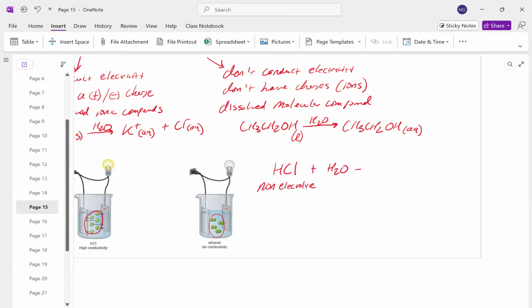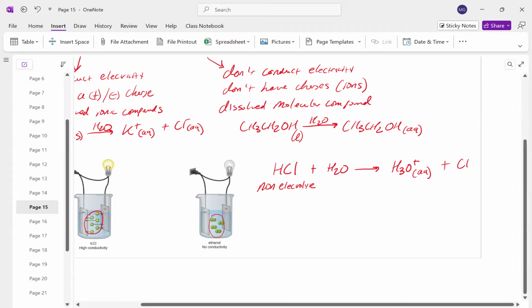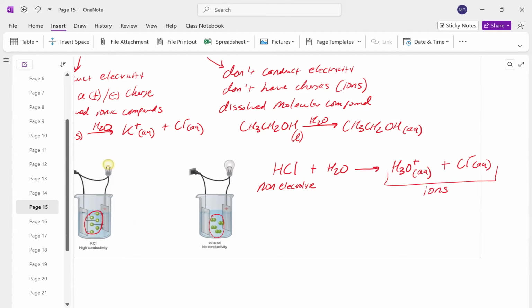But if we put HCl in water, it will react with water to produce something with a positive charge, called hydronium, and something with a negative charge, chloride ions. So we get positive ions and negative ions, and now this solution is electrolytic. It is an electrolyte solution. Even though HCl started off not being an electrolyte, it reacted with water to produce ions.